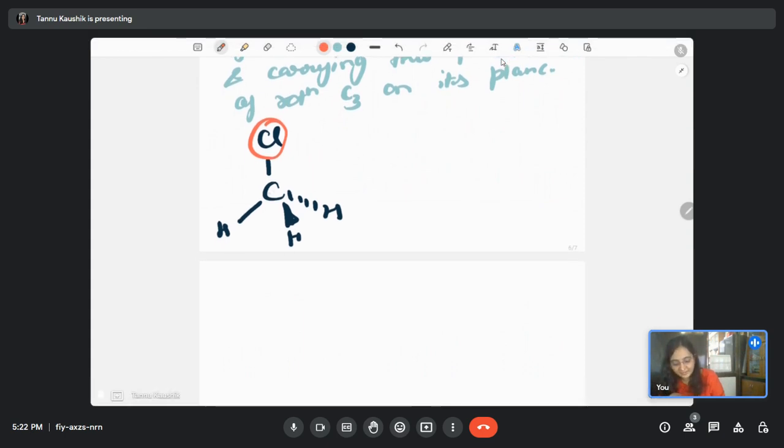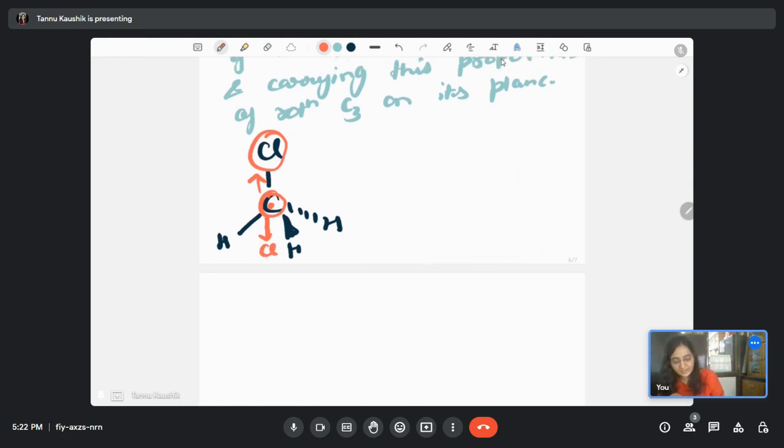We have to take the inversion center on the central atom, which is carbon here. So I'm taking this point. Do we have a chlorine opposite to it? No. Similarly, do we have a proton opposite to it? So we don't have an inversion center here.